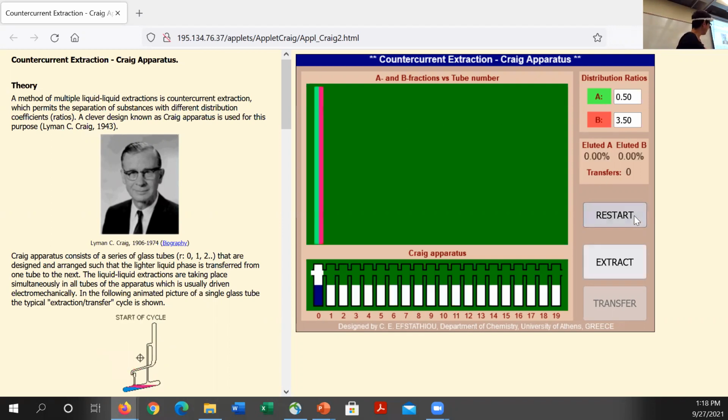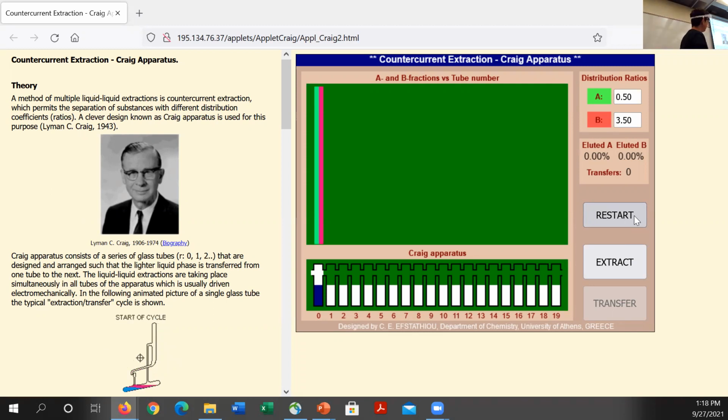Let's start. You have A, green, B, red, and the white is your liquid that is stationary. It stays in each tube. And the blue is your mobile phase, the liquid phase that will be moving, and it has the two compounds that you want to separate.